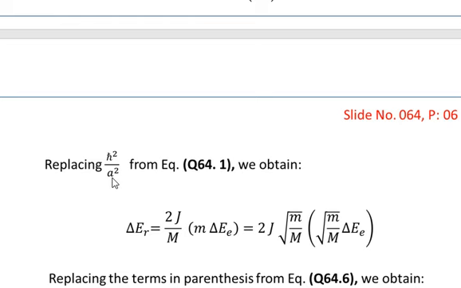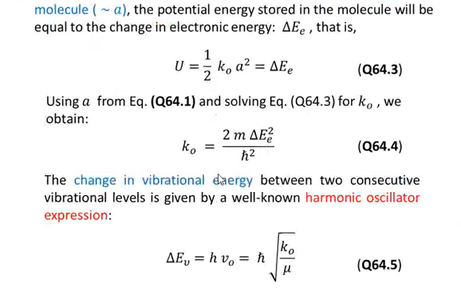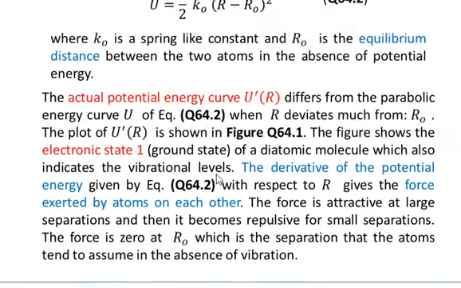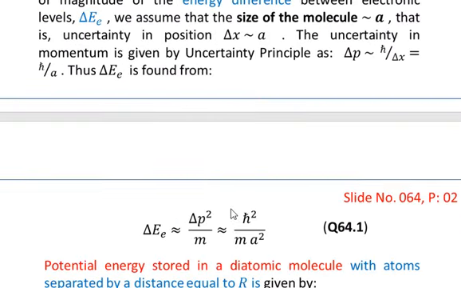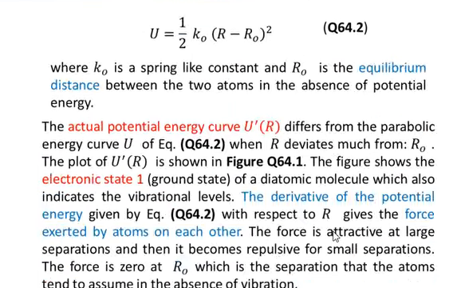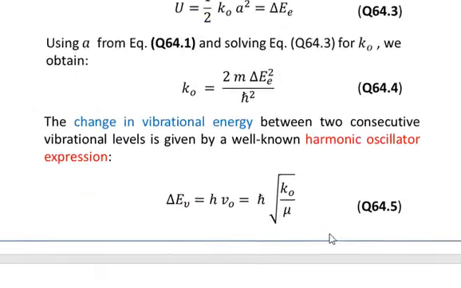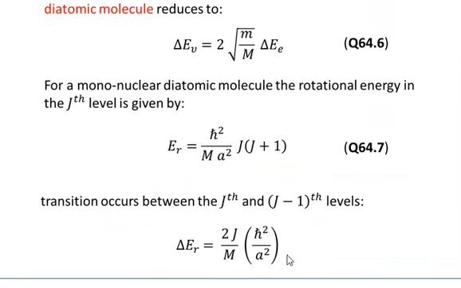Replacing H bar square over A square from equation number 64.1, that is, if you take the value of H bar square over A square from equation number 64.1 and substitute it in the equation over here, delta E R is equal to 2J over M multiplied by H bar square over A square.